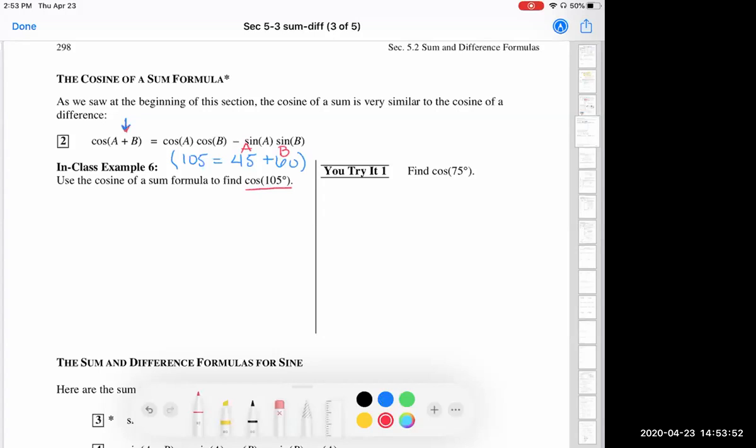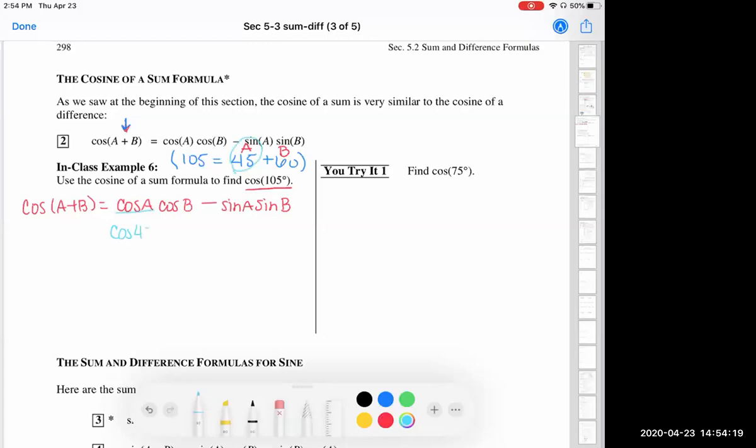Let's take the time to rewrite our formula. Cosine of A plus B is equal to cosine of A, cosine of B, minus sine of A, sine of B. Let's go ahead and make those substitutions. So cosine of A, what is my A? I said A is 45.